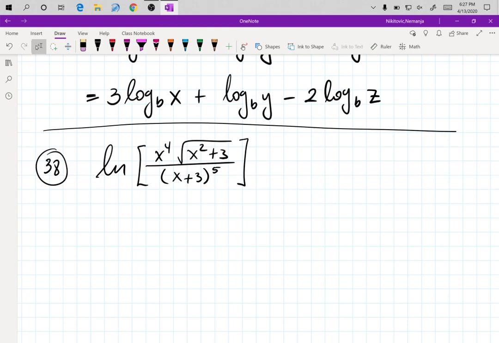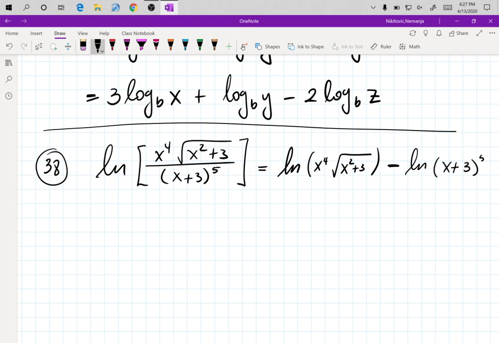So to practice this one, all we need to do is, again, there is a division, so it's subtraction of two ln's. So ln of x to the fourth square root of x squared plus 3 minus ln of x plus 3 to the fifth power.